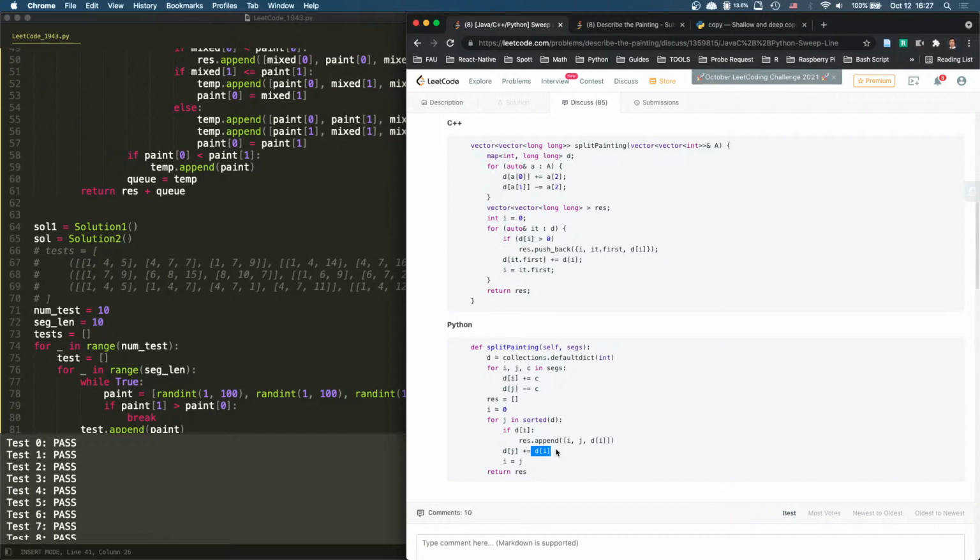After we finish this, dj is from this towards the end, not considering the previous, so it'll be like a negative value.